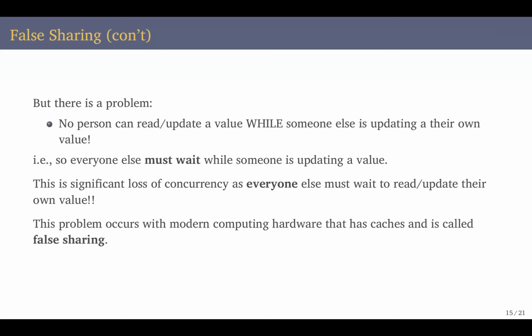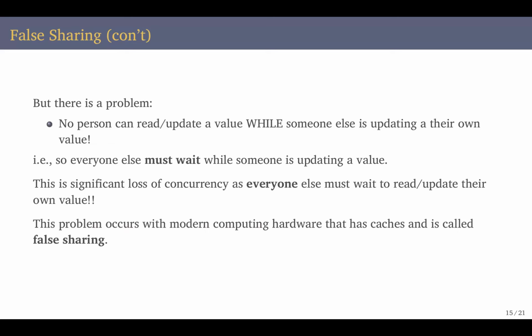So that is what false sharing is. False sharing is a type of contention that's occurring because things are located close to one another. So even on that sheet of paper, very importantly, every person had their own value. They didn't care what the other values were. They're not touching them.